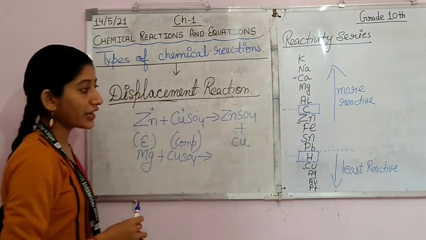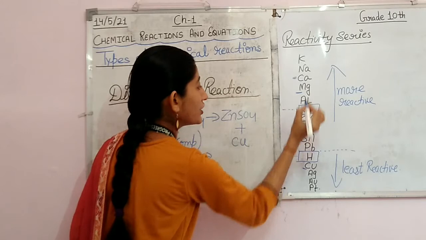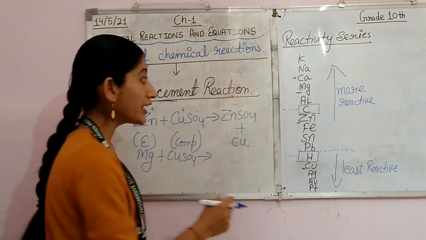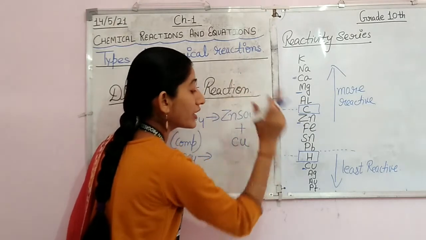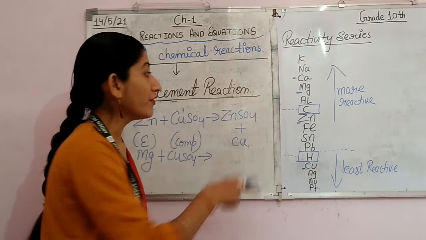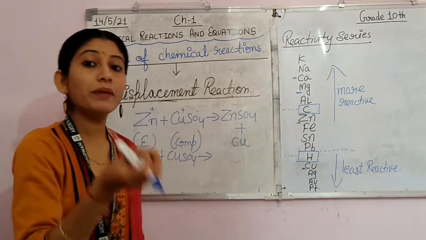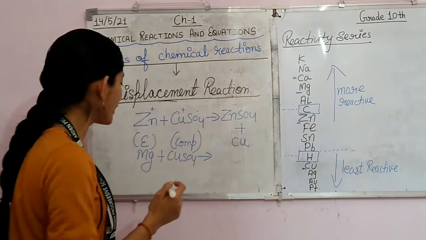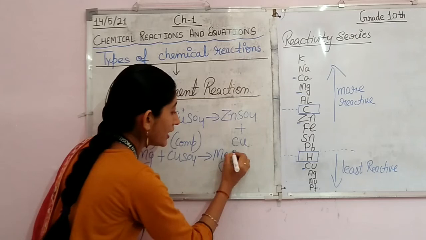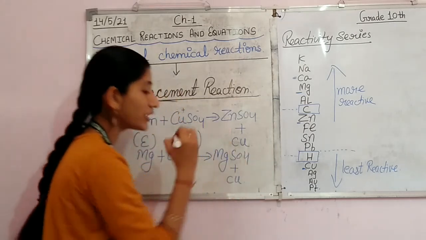When we check the series, we notice that here is magnesium and here again copper, and we can see very clearly that magnesium is more reactive as compared to copper. So we can replace copper by magnesium, and the formula will become MgSO4 plus copper.